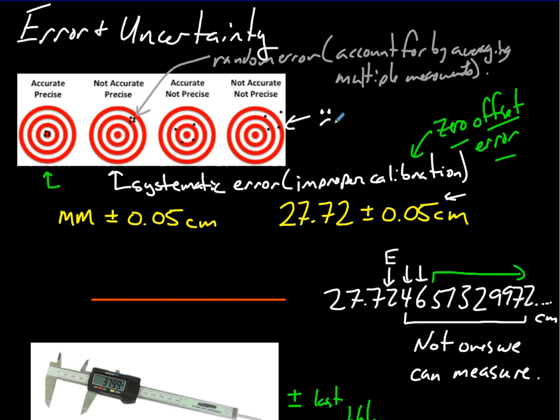And then what about this? Well, this is just kind of like bad measuring, isn't it? We've got a bad tool, or we've got an imprecise tool, and we've got a systematic error at the same time. So really, if this is where we're doing our science, we're not going to get any really usable results. They're going to be totally out to lunch. Okay, so we don't want that. We want to strive for this.